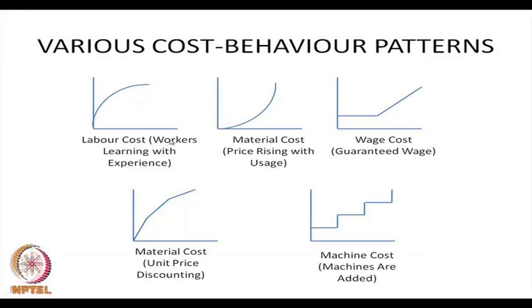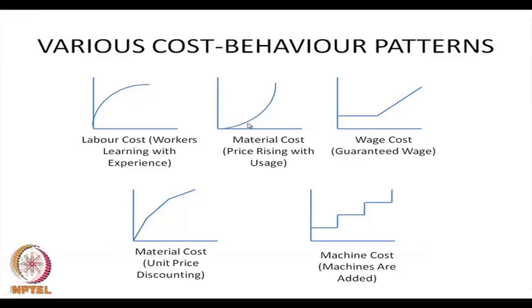As workers learn with experience, they produce more items for the same time. Because of learning, the cost reduces. As they produce more and more goods, it is no longer a straight line, but it reduces almost asymptotically.